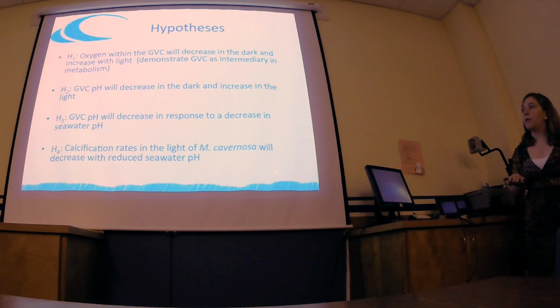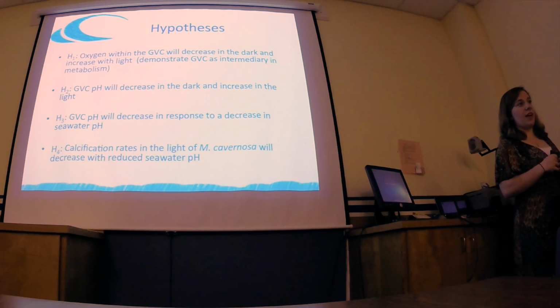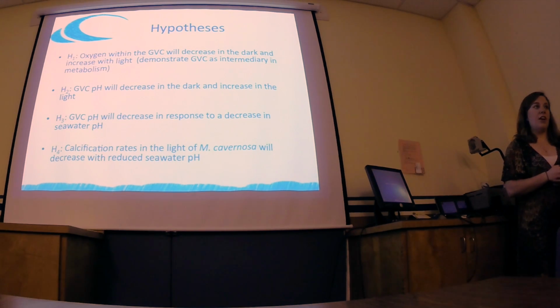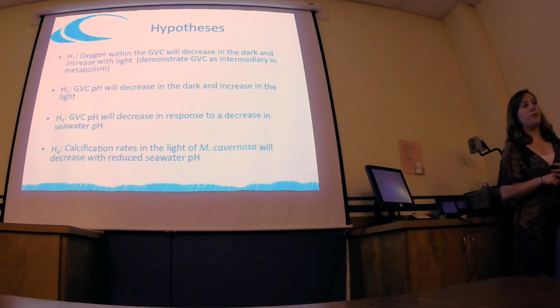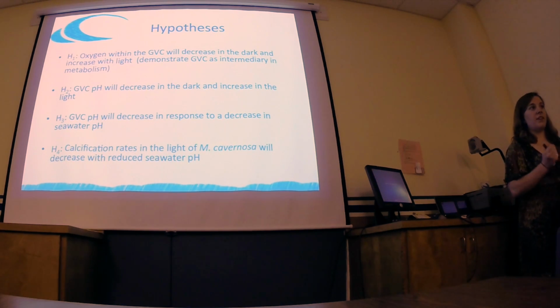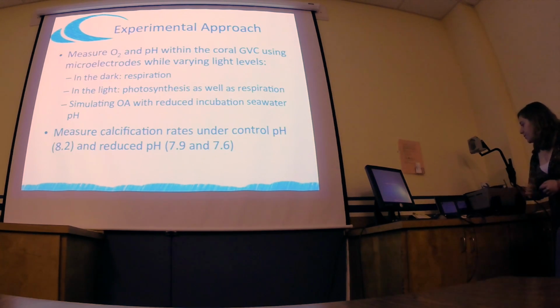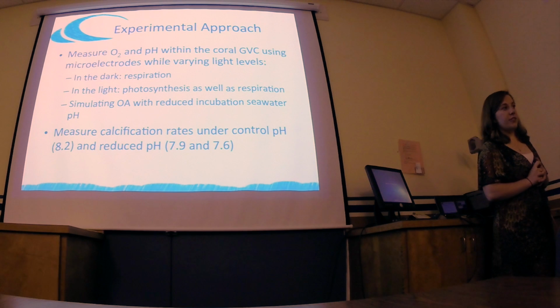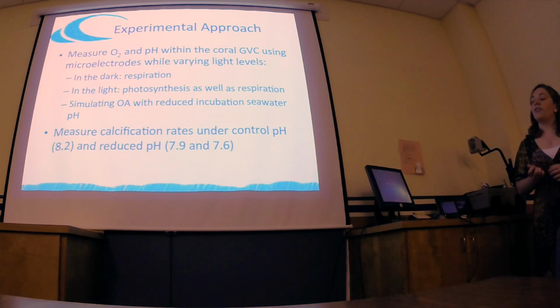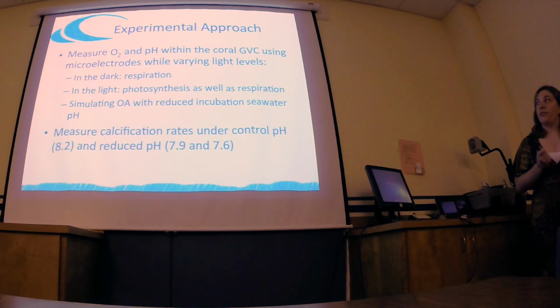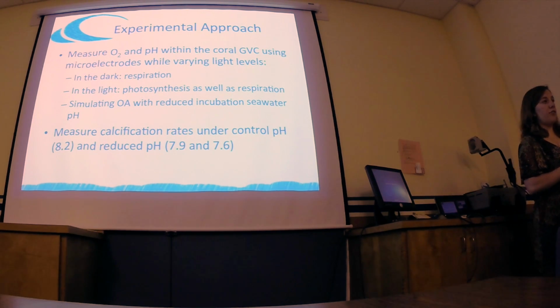And finally, the purpose of this all is to tie it in with calcification. So while measuring the GBC pH, I also performed calcifications at control pH and at reduced pHs. And I wanted to see if I could see any sort of relationship there as well. So to tackle these questions, I looked first at just measuring the GBC pH and oxygen. In the dark, I was expecting solely respiration, so I used dark conditions to see how that would affect the GBC oxygen and pH.